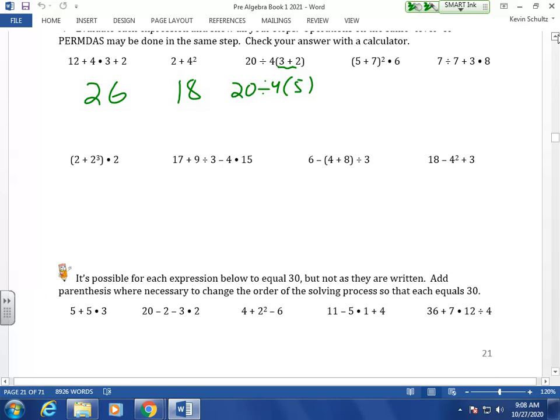Okay? We would work from left to right. So you should take 20 divided by 4 next to get 5, and then 5 times 5, 25 would be the answer to that one. Next one is 864, and then 25 to round out that first row.